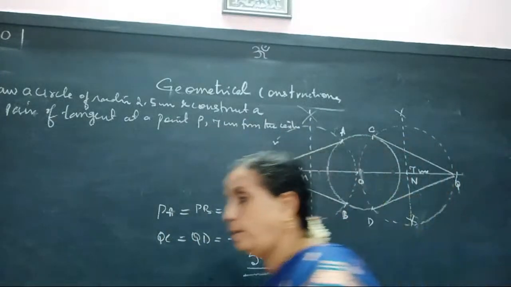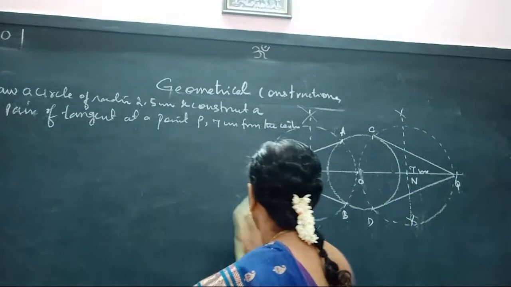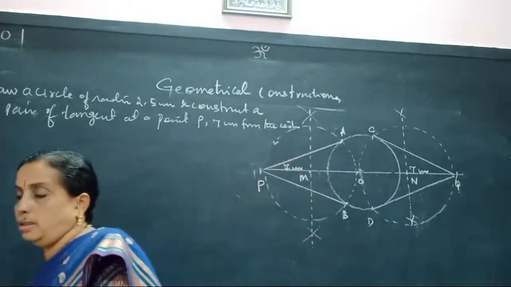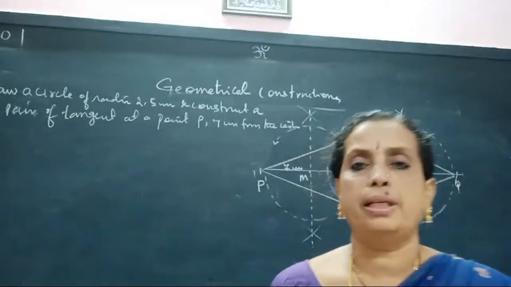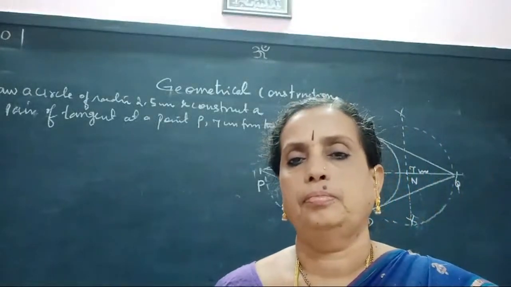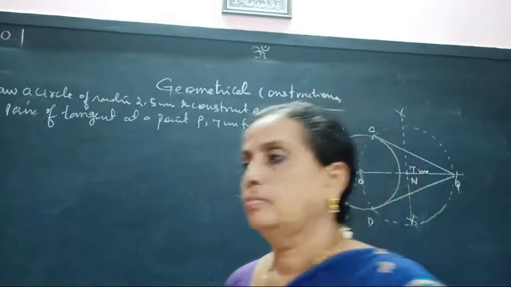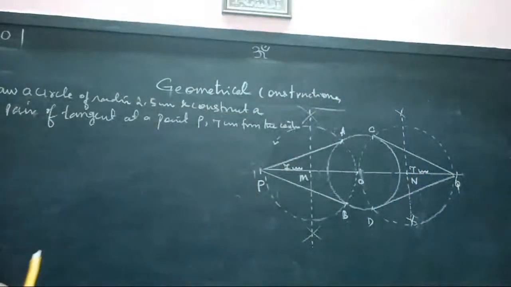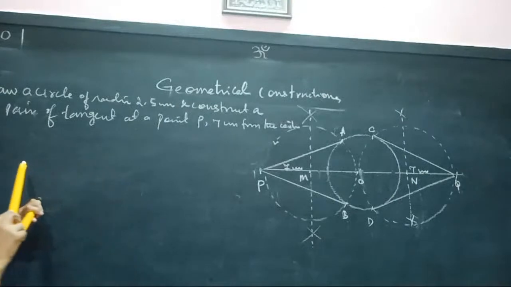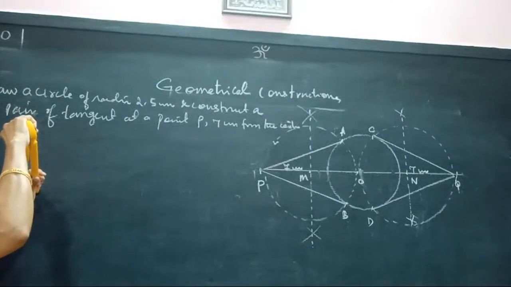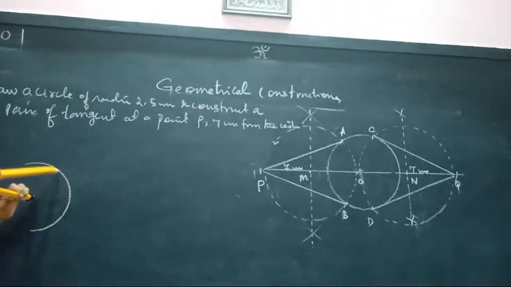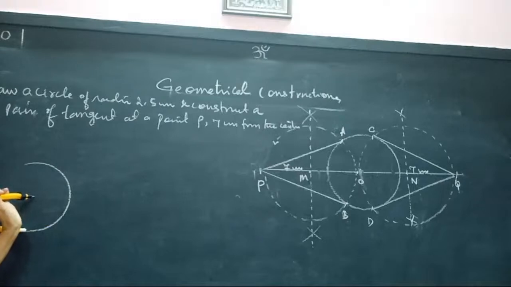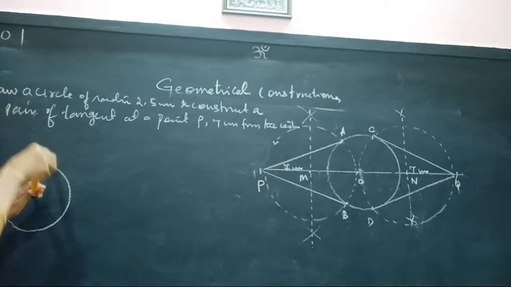Okay. So now let us draw a pair of tangents to a circle of radius 2.5 centimeter. First, draw a circle of radius 2.5 centimeter, a very small circle, and the point should be at a distance of 7 centimeter from the center.